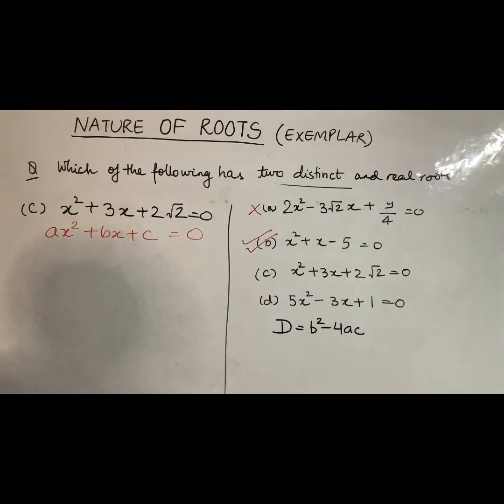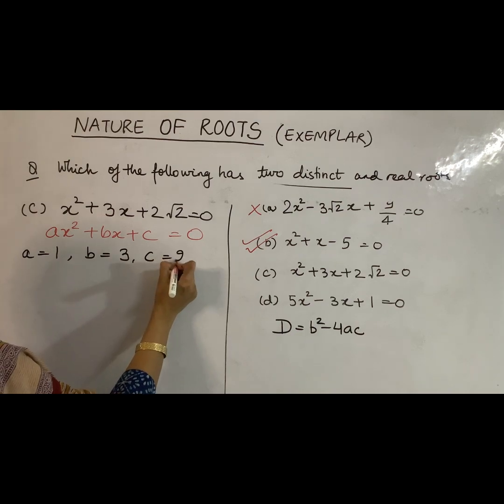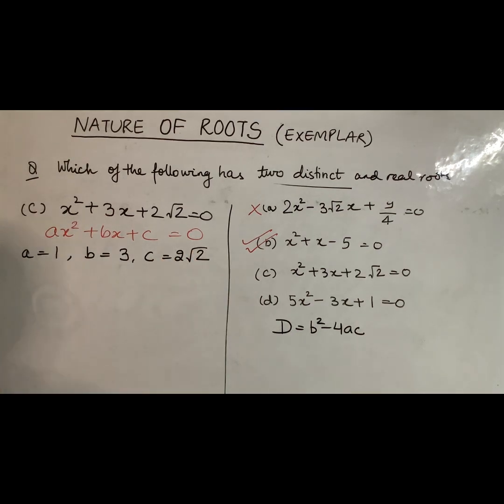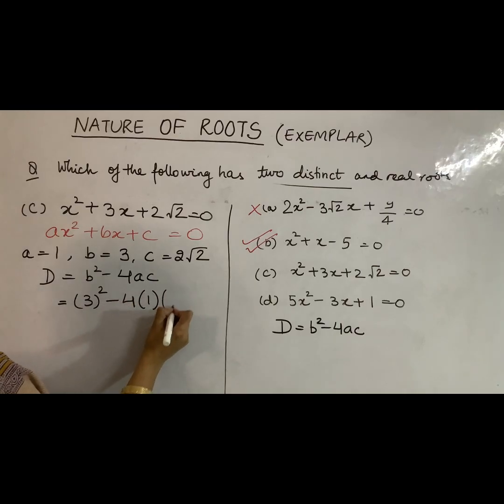Let us see part C. Part C is x square plus 3x plus 2 root 2 is equal to 0. If we compare it with the standard quadratic equation, ax square plus bx plus c is equal to 0, we can say a is equal to 1, b is equal to 3 and c is equal to 2 root 2. Now we have to find out the value of discriminant, that is b square minus 4ac. So it is 3 square minus 4ac.